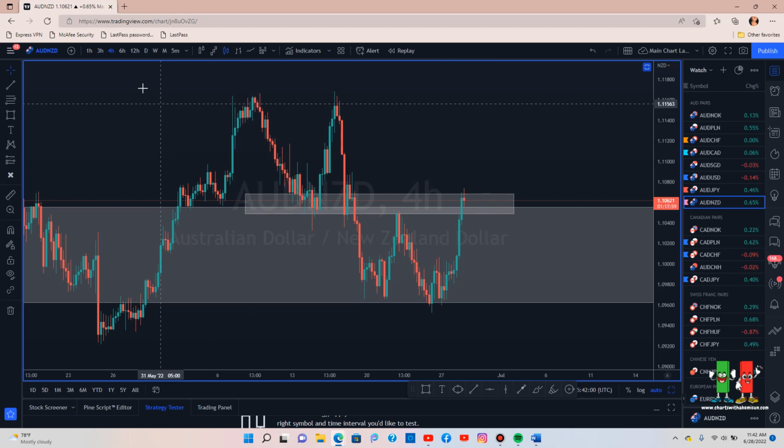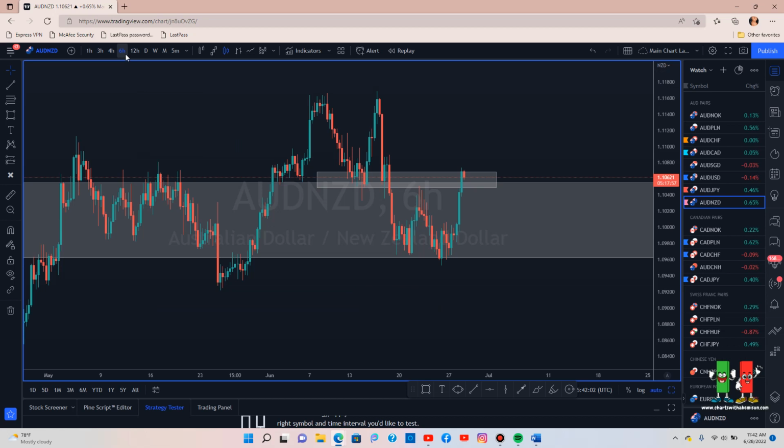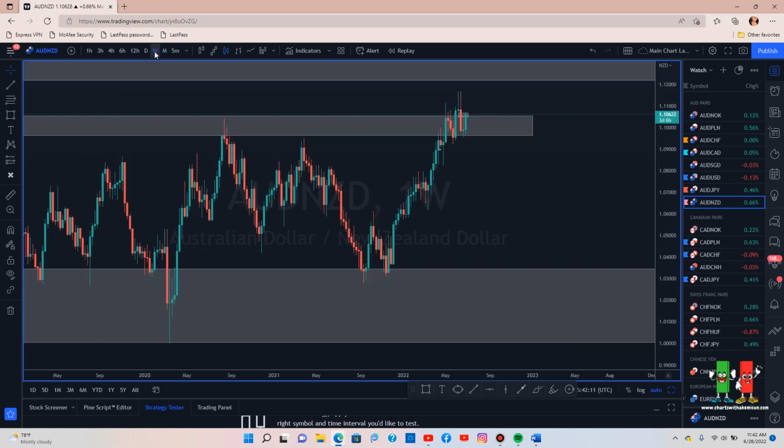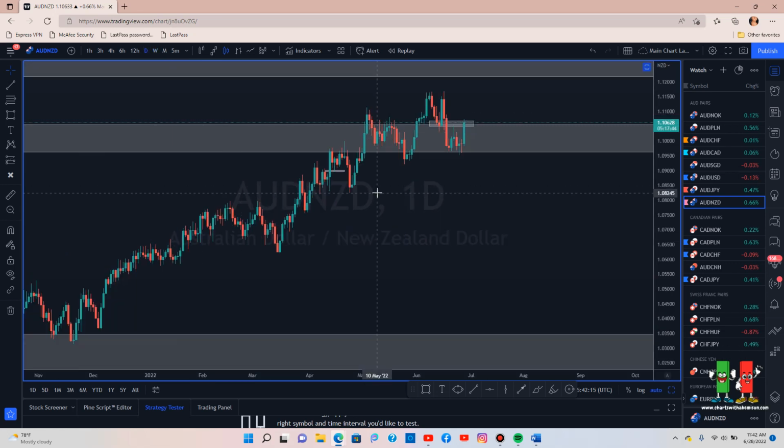But we still have some more information that we're waiting on, so we just don't want to jump into this move just yet. We do know from the higher time frame that we are hitting a resistance area. So I'm more on the bearish side, but I still need a nice strong red candle to come in to really give me that confirmation that this is going to go down. So we just continue to wait for that move to happen.